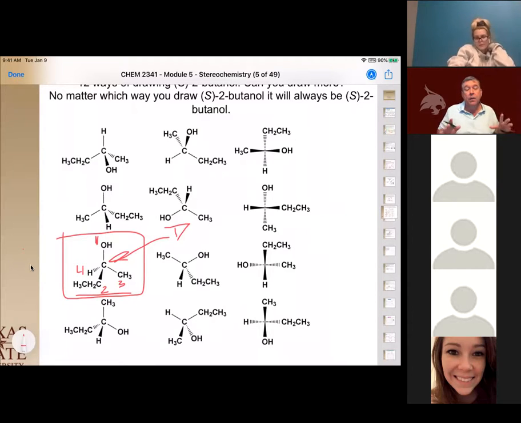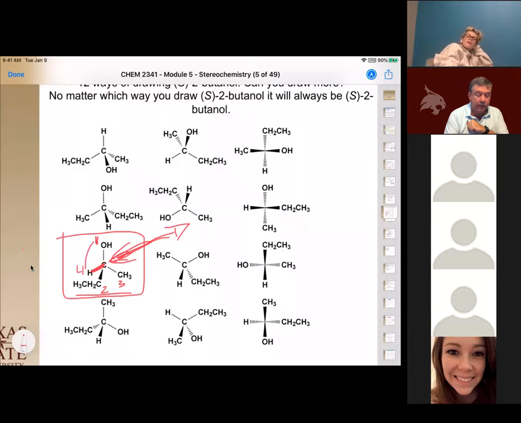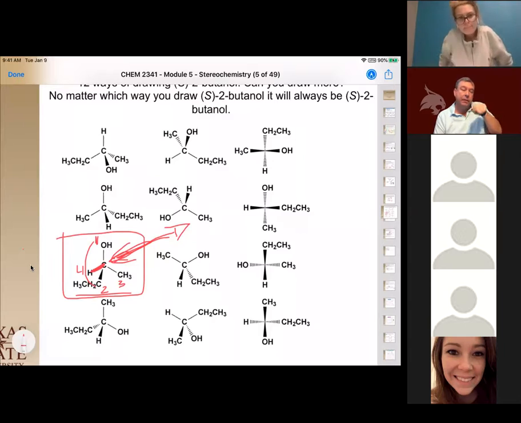We're looking down this bond, so you want the hydrogen, the fourth priority, behind that carbon. When we do that, it goes in this direction as we look down that bond, and so this is counterclockwise. So it should be S.